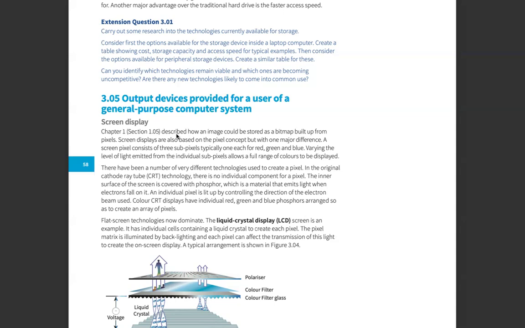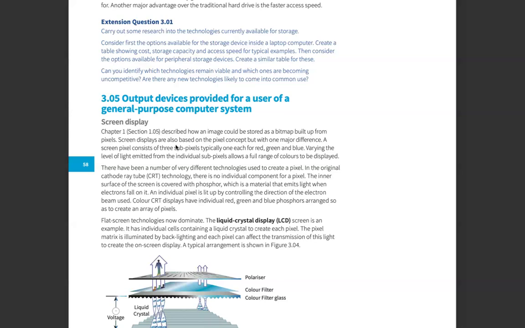Now here, for the screen display, in chapter 1 they described how an image could be stored as a bitmap. Anyway, in computers we store all these images as bitmaps. A bitmap is built up from pixels, but when we store it, it is stored as a bitmap.